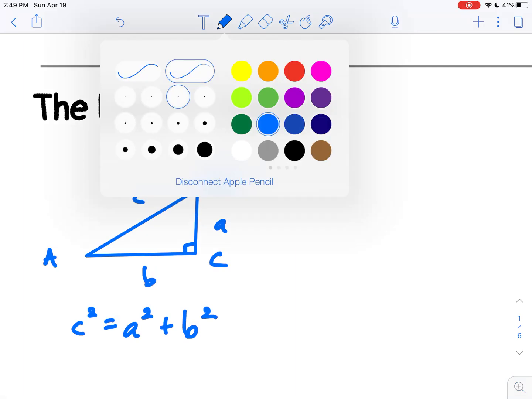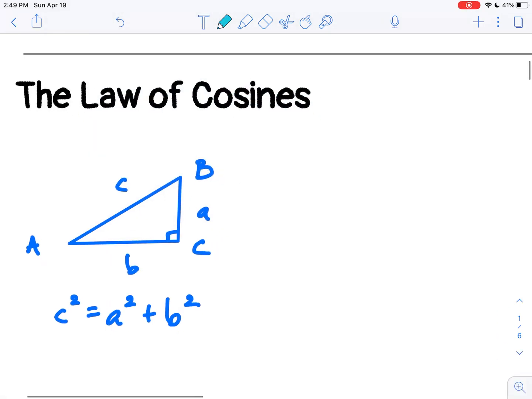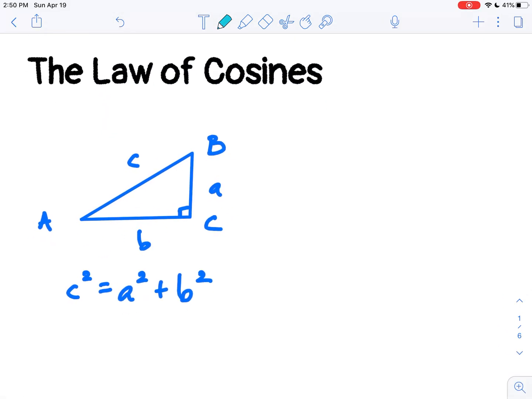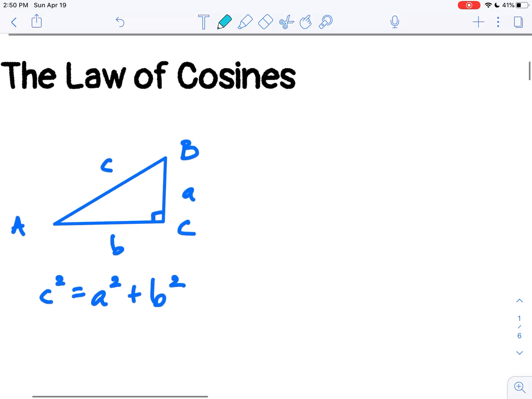But what we're going to learn right now with our law of cosines is that we can actually have three sides of a triangle and still find out information of the angles, even if it's not a right triangle.